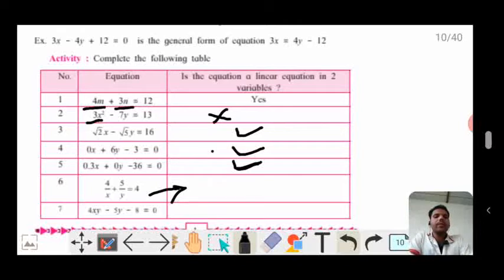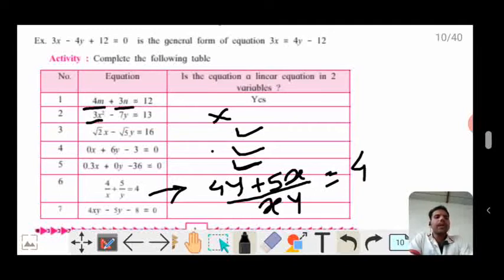We multiply the first term by y, so we get 4y, and we multiply the second term by x, 5x, and we get xy at the bottom. We write the right side the same. Here xy is at the bottom, that is, in the division, so we can shift it to the right side as a multiplier.